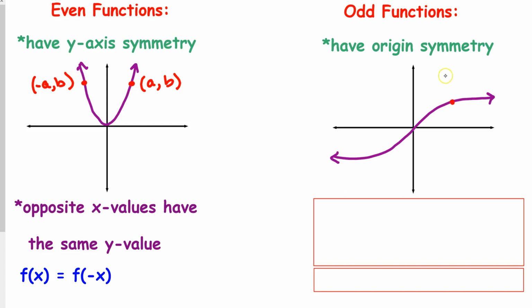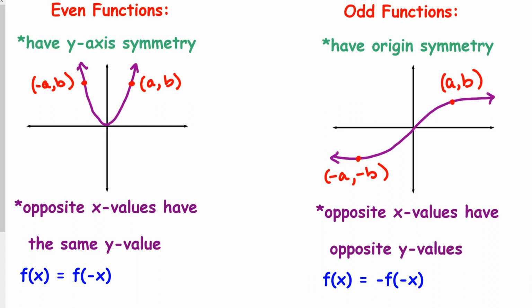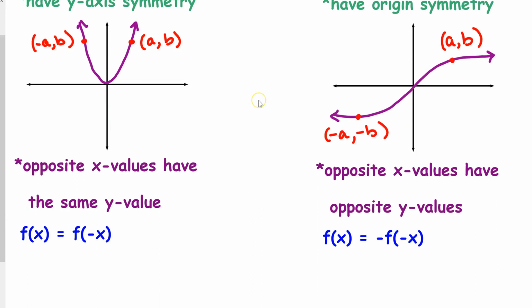If you have the point A, B, you will have its image the opposite of A, opposite of B. So opposite x-coordinates and opposite y-coordinates. So we can put that into words: opposite x values have opposite y values. And then when we put that into symbols, f of x is equal to the opposite of f of the opposite of x. Opposite x coordinates have opposite y coordinates.